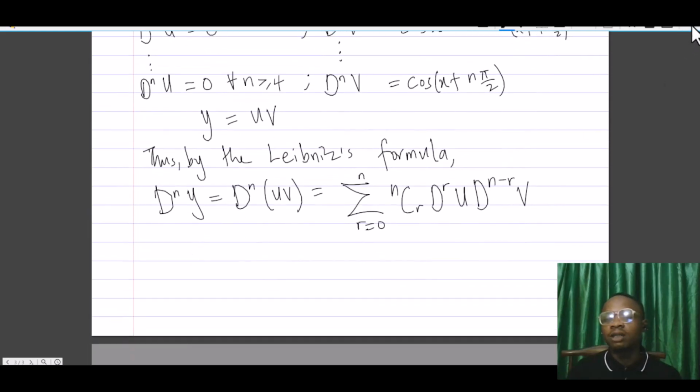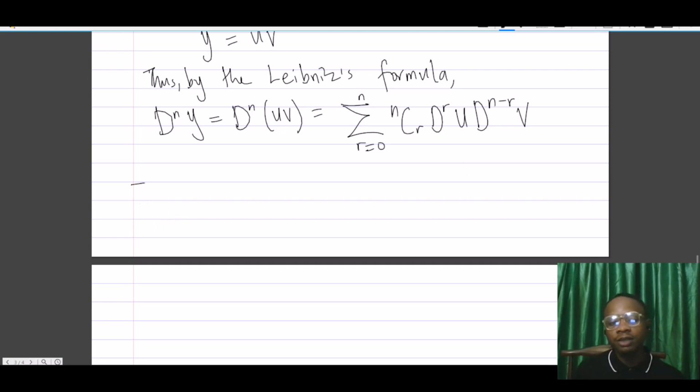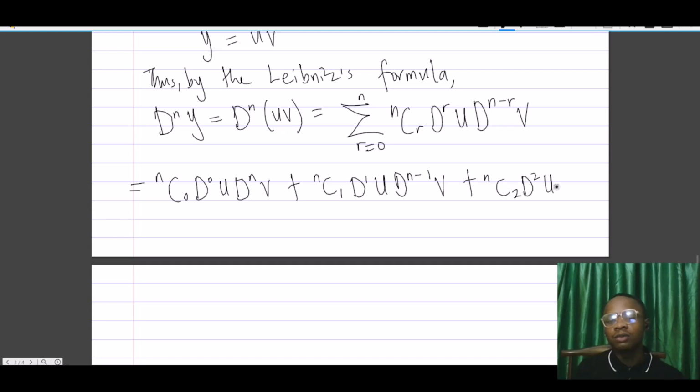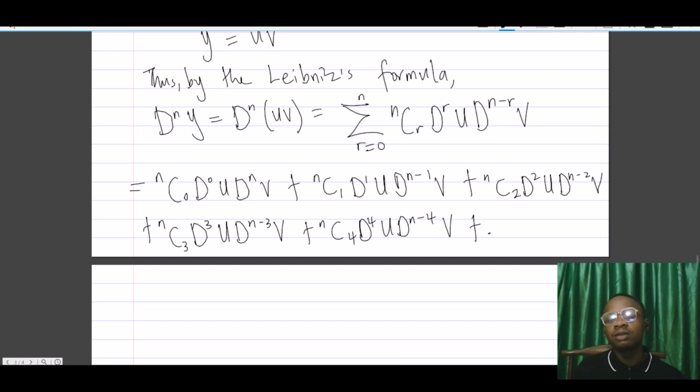So going ahead with the expansion, when r equals 0, this will be n combination 0, and we're going to have the 0th derivative of u, the nth derivative of v, plus n combination 1, the 1st derivative of u, the (n minus 1)th derivative of v, plus n combination 2, the 2nd derivative of u, the (n minus 2)th derivative of v, plus n combination 3, the 3rd derivative of u, the (n minus 3)th derivative of v, plus n combination 4, the 4th derivative of u, the (n minus 4)th derivative of v, plus and so on and so forth.